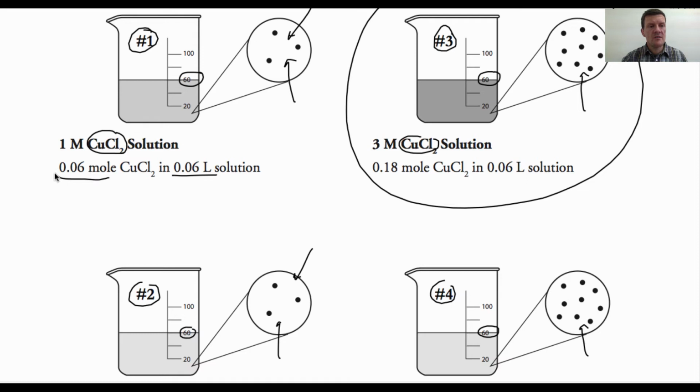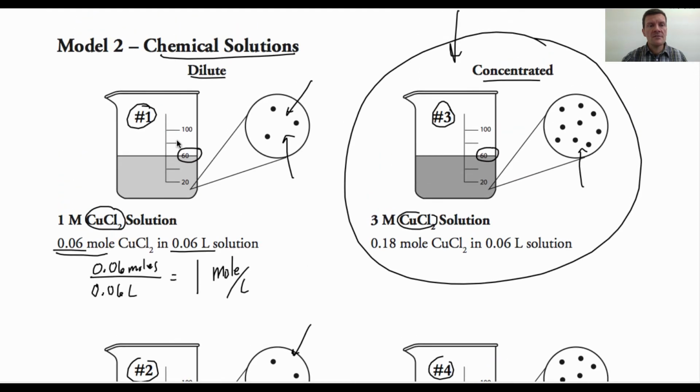So here we have 0.06 moles for every 0.06 liters of solution, and that gives us a molarity. 0.06 divided by 0.06 is 1 mole per liter. We don't have a liter, but if we did have a whole liter, we'd have a mole of particles. We only have 6/100ths of a liter, 60 milliliters.